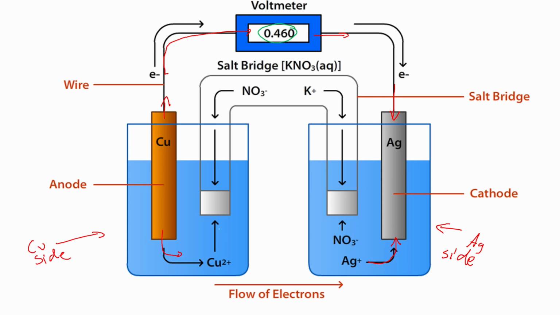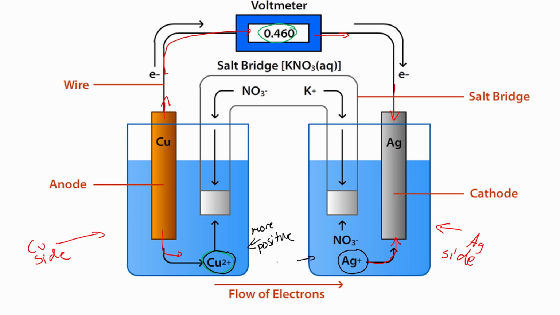One thing to note is that as this reaction runs, more copper is going to be generated here, and more silver is going to be used here. And so this means this solution is going to get more positive as the cell runs.